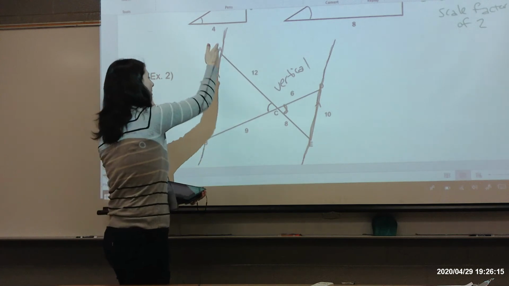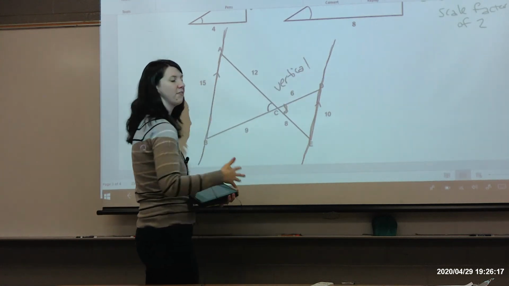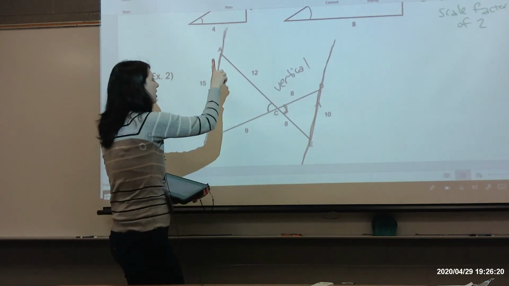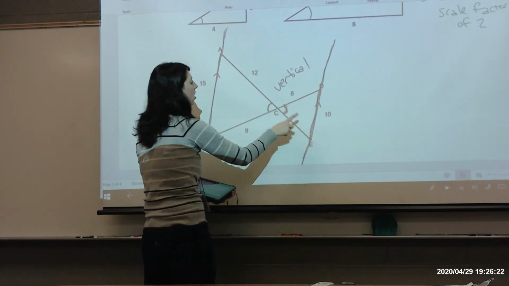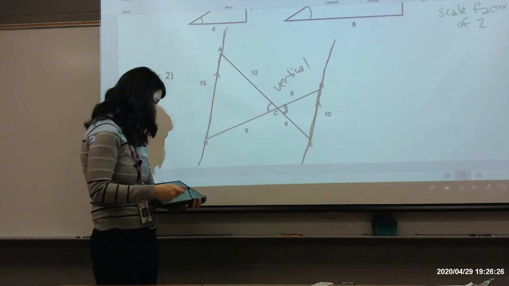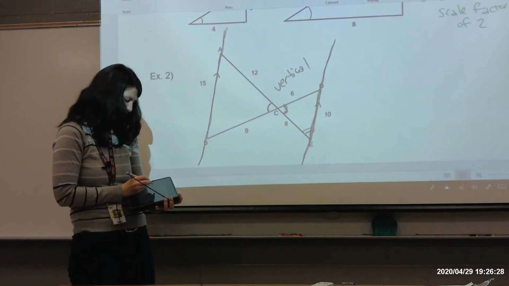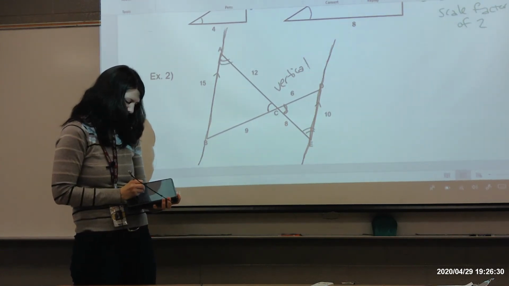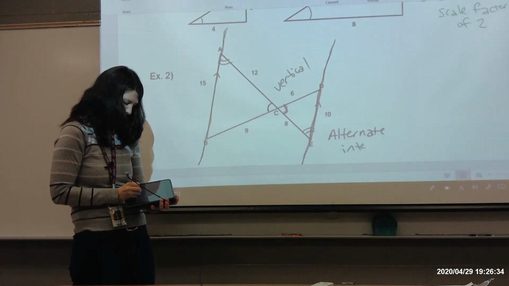And then with these parallel lines, we actually have another set of congruent angles. These two angles here are called alternate interior angles. So I know that they are congruent. And that's called alternate interior angles.